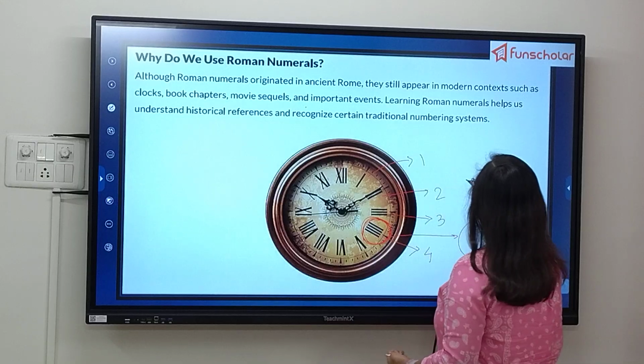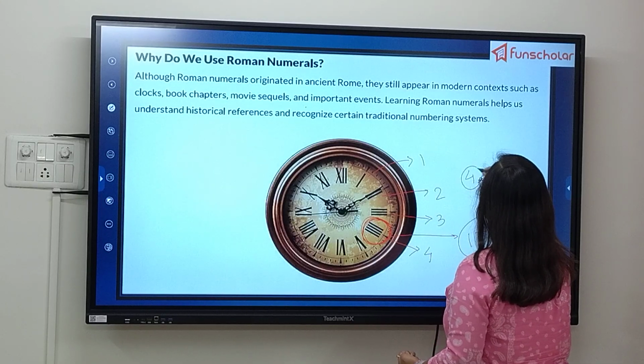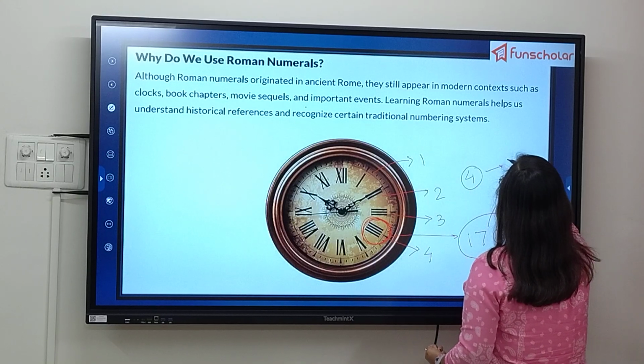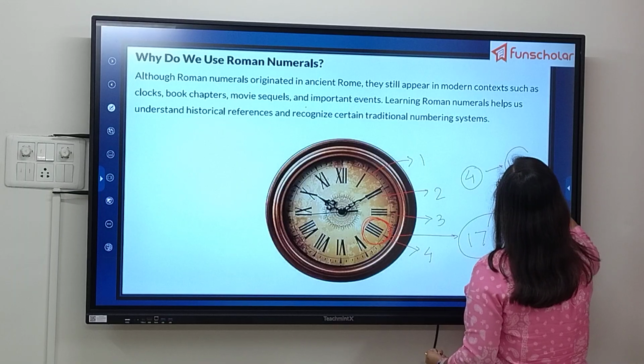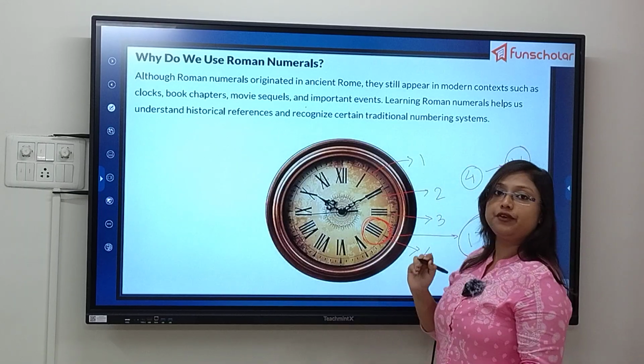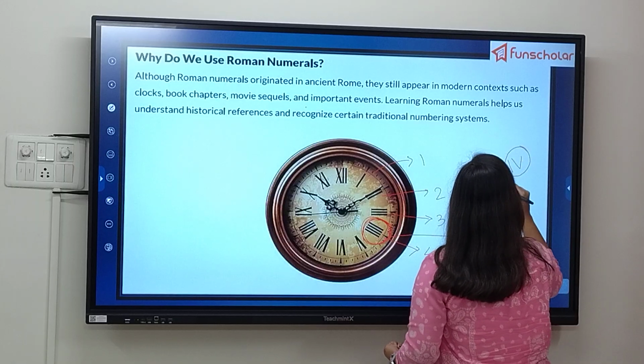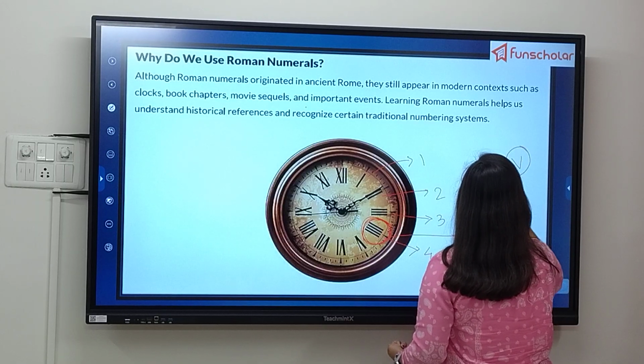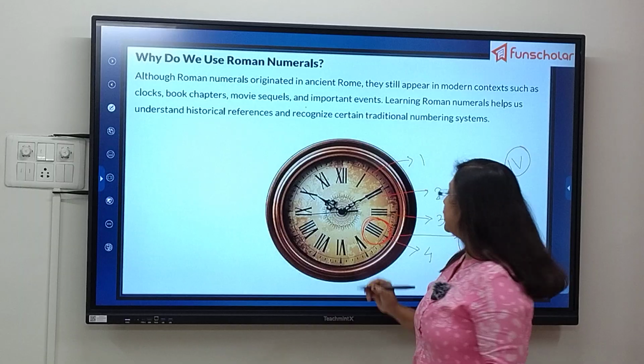After that, we usually write 4 differently. After this year, we write it like this. So before 1700, we used to write 4 like this in Roman numerals.